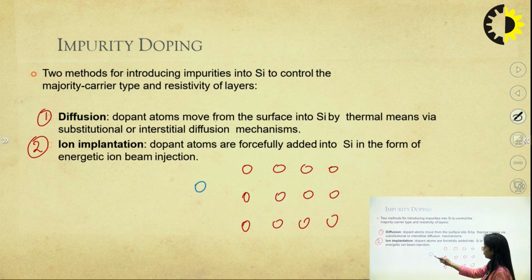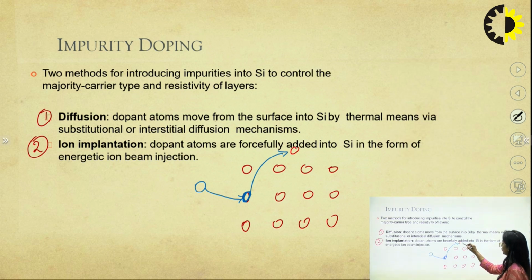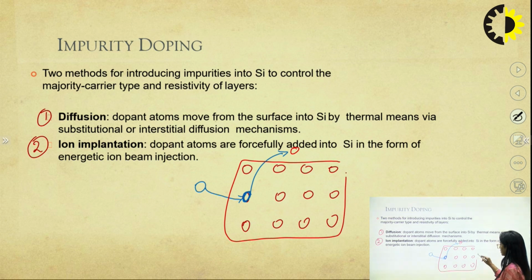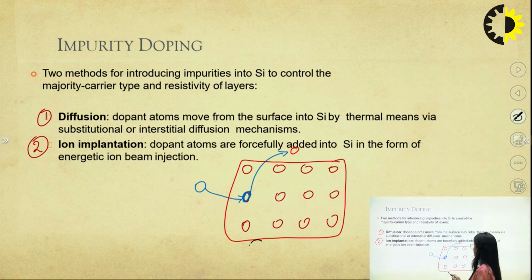When I am adding it here, the previous parent molecule moves out of the geometry, and the blue, the dopant, acquires its space and the red, the parent, is thrown out of the lattice. This is my lattice. So it is nothing but an act of substitution.